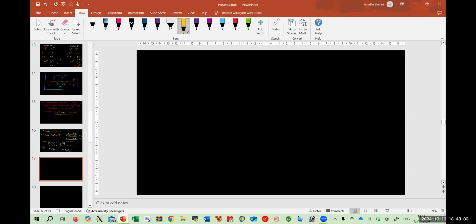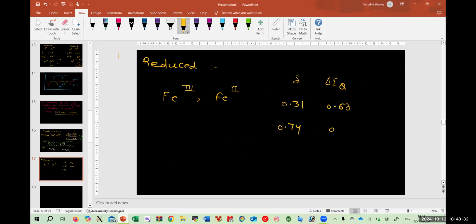Followed by when we have a reduced form, we have iron 3 and iron 2, again delta and delta EQ: this is 0.31, 0.63, this is 0.74, 3.05 for the FeS4 system and FeS2N2 system.